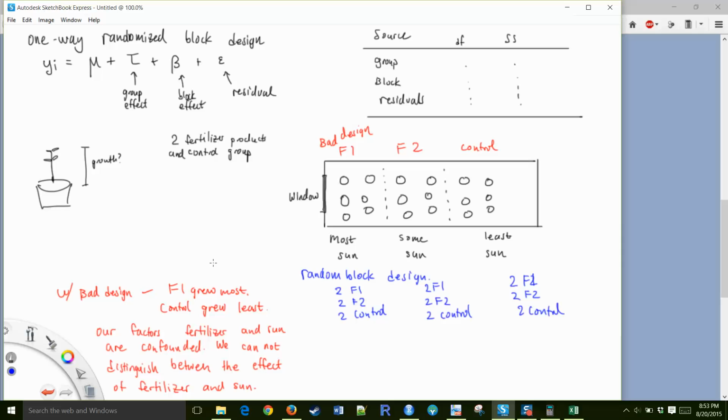It may not necessarily be a blocked design, but when they do the random assignment, they might do some checks just to make sure the random assignment is random enough.